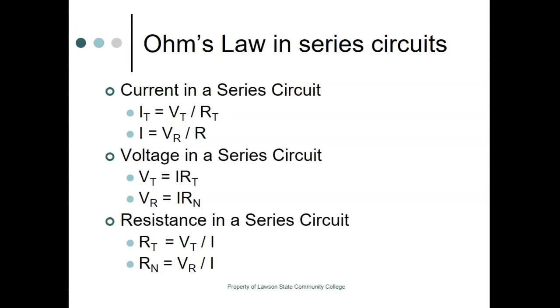I'm going to go ahead and erase the board a little bit, give myself some space here. Voltage in a series circuit does divide. However, once I find current times resistance, that is voltage.